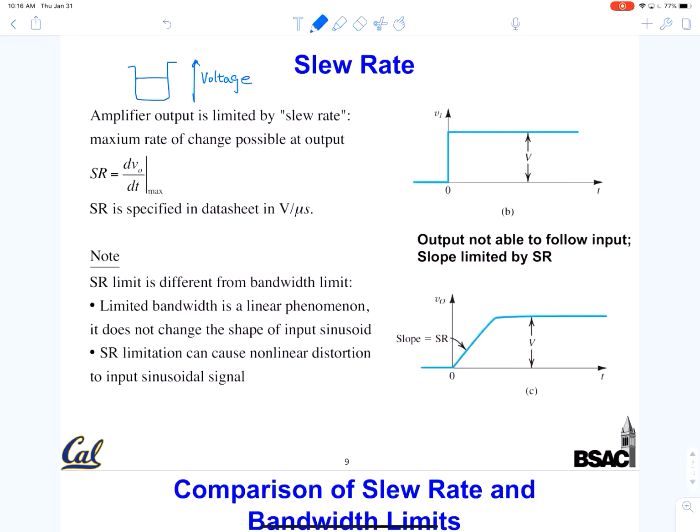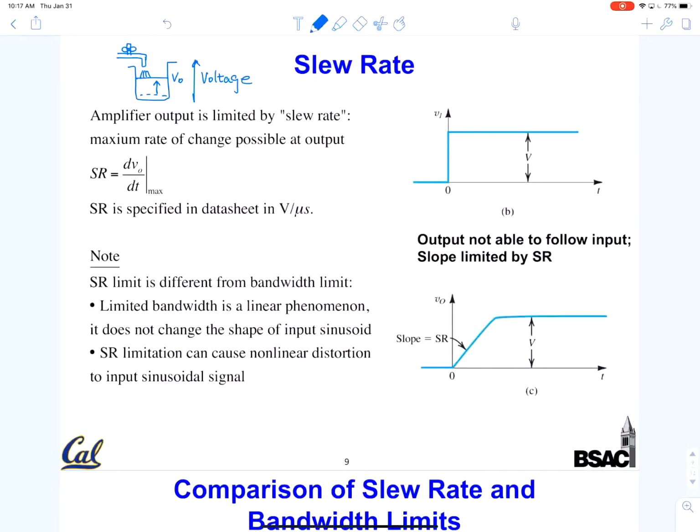But your circuit is basically like a faucet, filling up the water. If you start from here, we all know it takes finite time to fill the tank. The water level won't jump from a low level to a high level instantaneously, but rather will move over time. This is illustrated here.